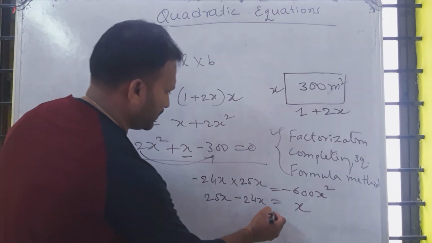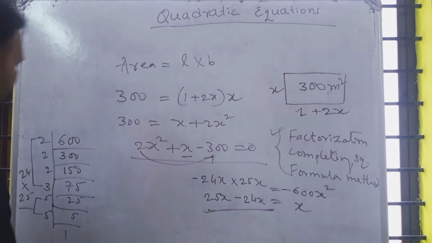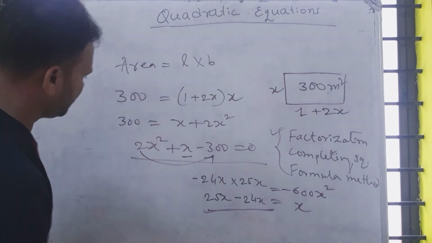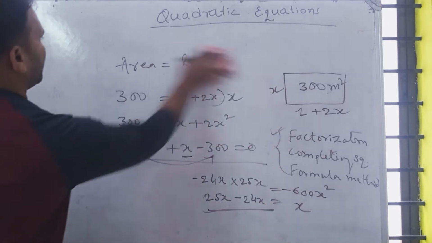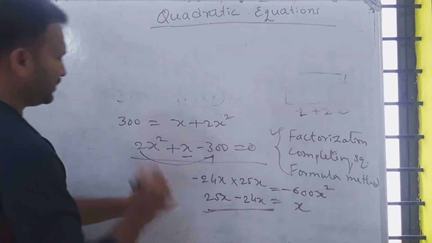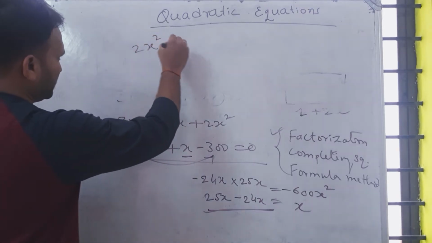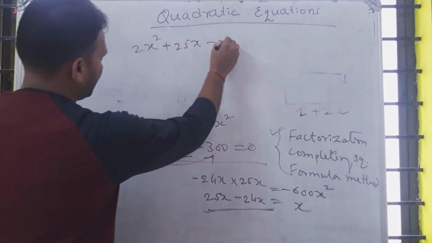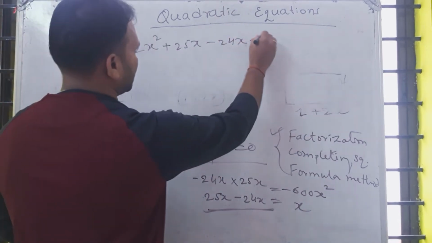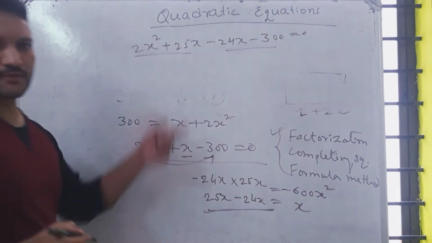So the factorization gives you 2x square plus 25x minus 24x minus 300 is equal to 0. So we got 4 terms.